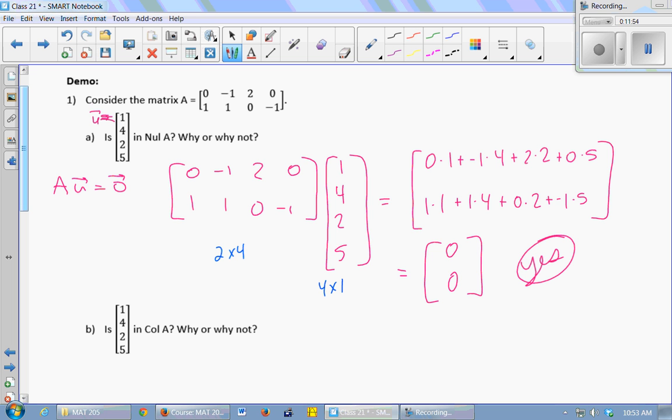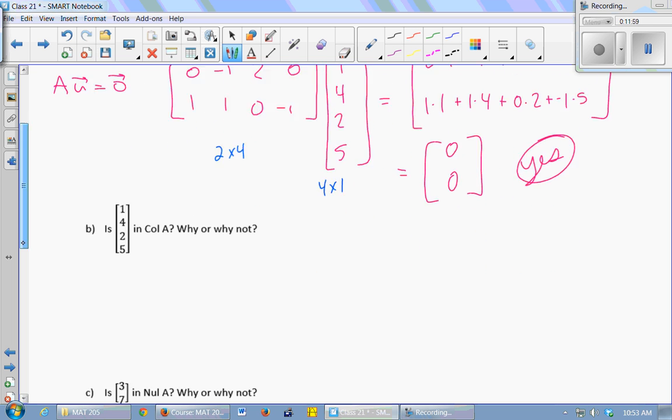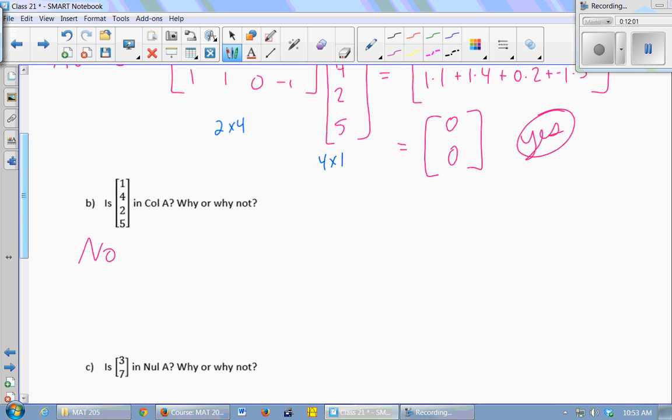You're going to get a 2-entry vector. So there's no way this thing's in the column space. Wrong dimensions. The column space of A is a subset of R2. You can also read that symbol as a big C, like is contained in R2.